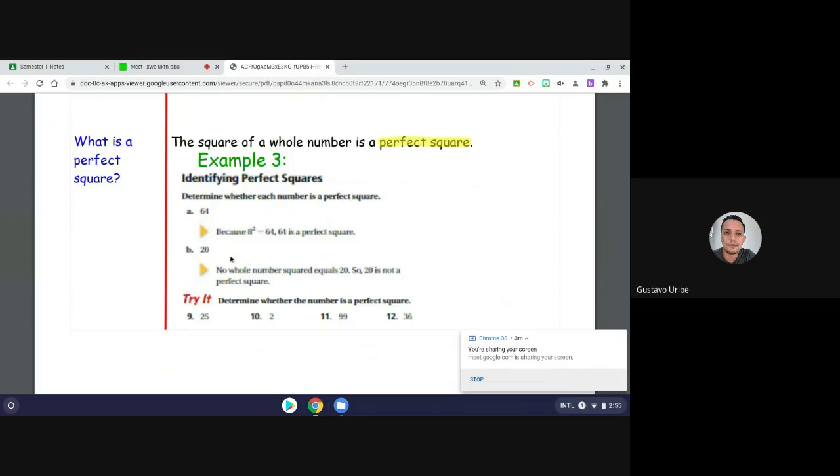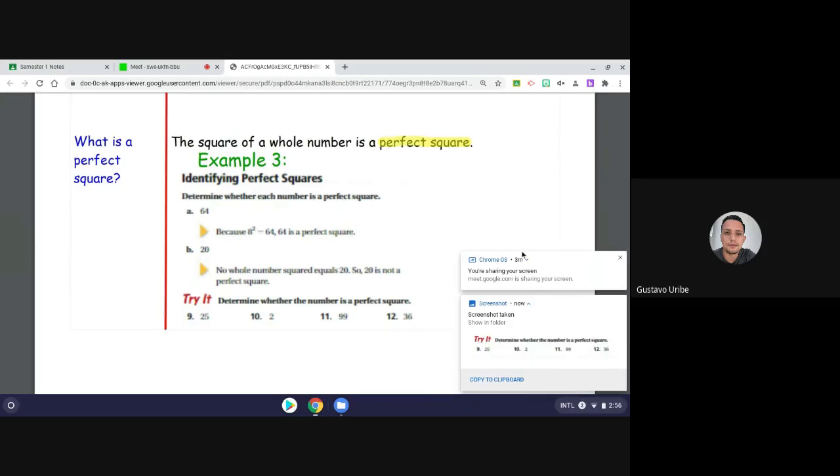Well, let's try 4, right? 4 squared will give me 16. Okay, that doesn't work. Let's go a little higher. 5 squared gives me 25. And that is not 20. So we actually went a little higher and it did not work out. So no whole number squared equals 20. So 20 is not a perfect square.